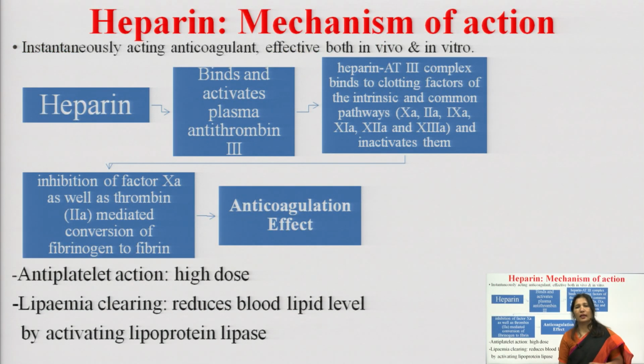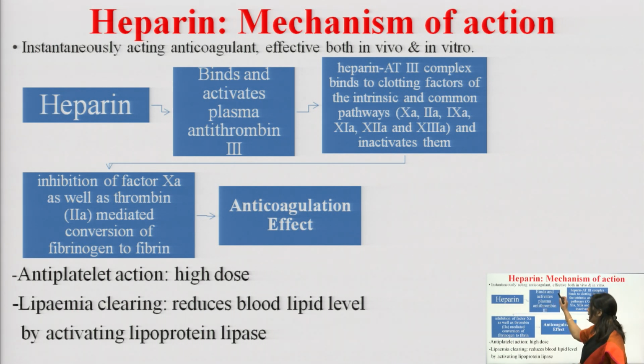Next is mechanism of action of heparin. How does it act? Heparin is an instantaneously acting anticoagulant, that is, it acts immediately and is effective both in vivo and in vitro.